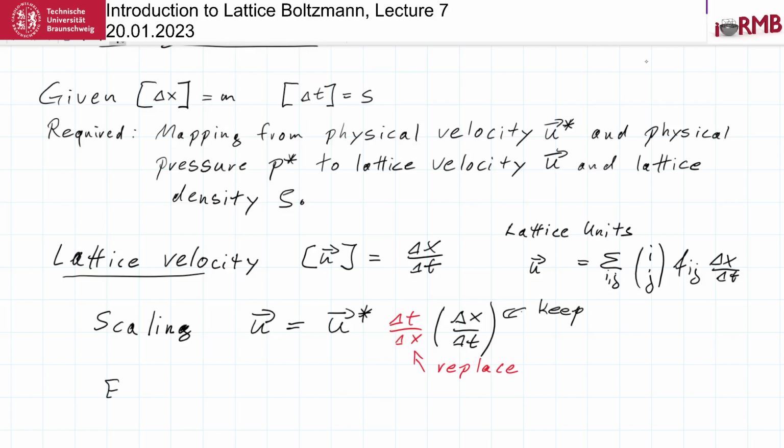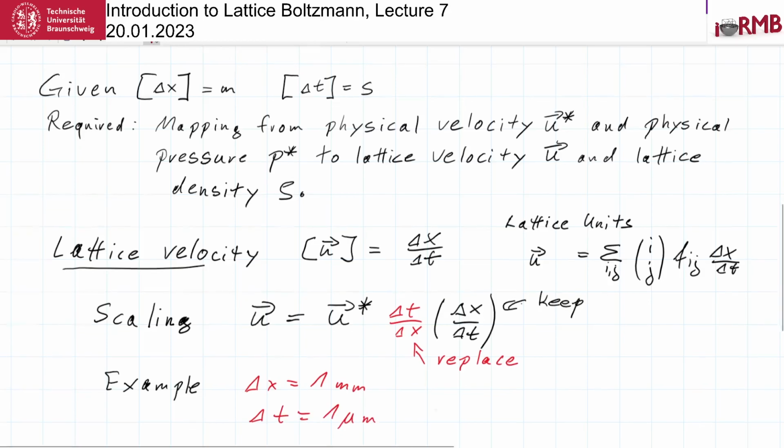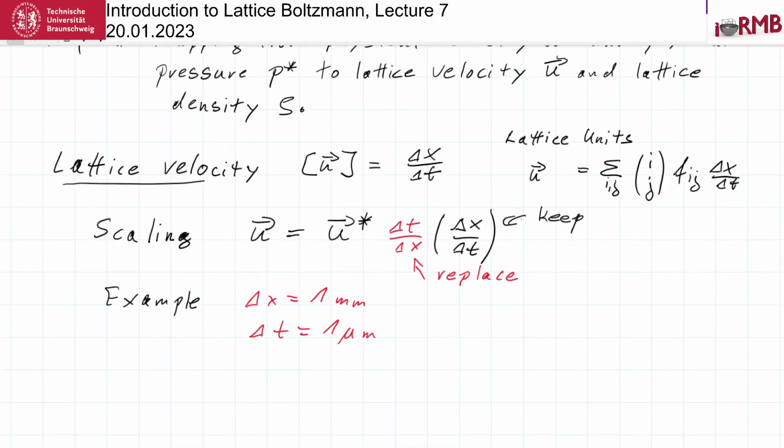For example, the delta x is 1 millimeter. So we design our grid so that one grid spacing is 1 delta x, and that 1 delta t is 1 microsecond. This is actually something that makes sense in this setting.